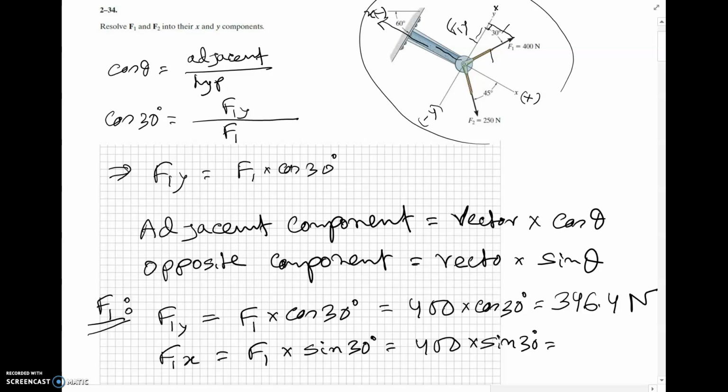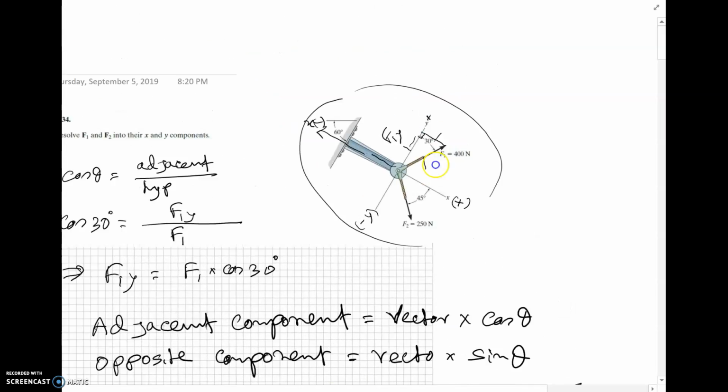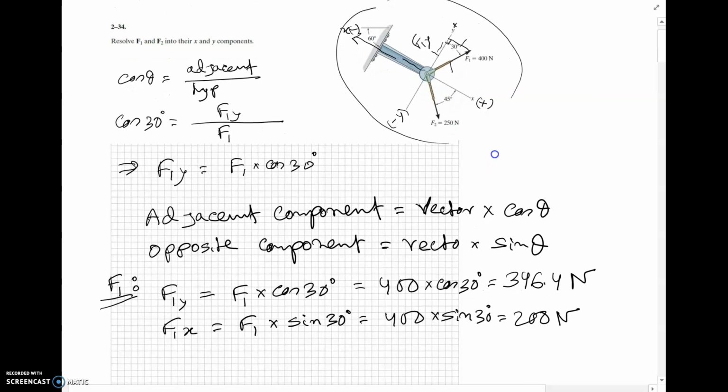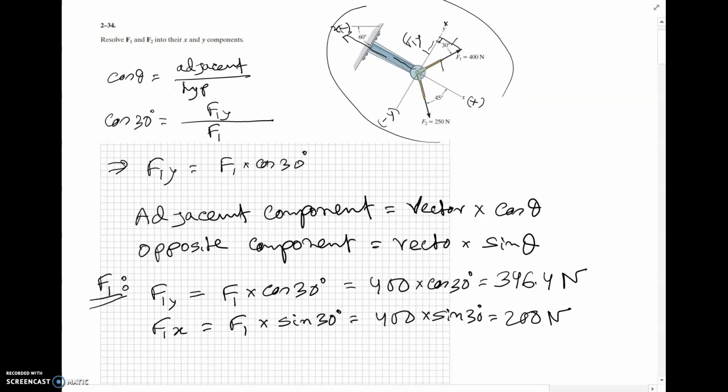And if we use sine 30 degrees, the other component, then we find 200 Newton. Thus we get the components of F1.